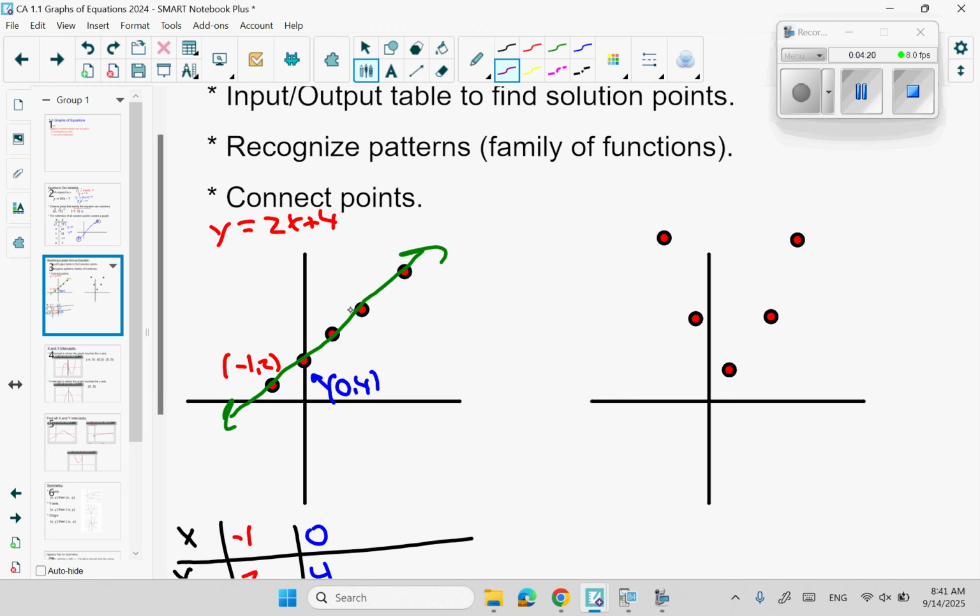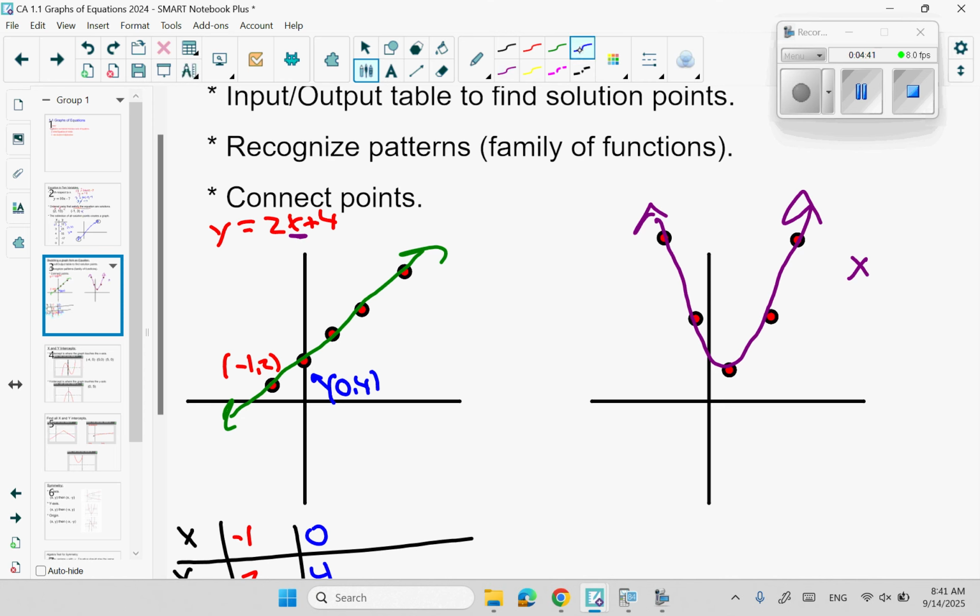Recognize patterns, we can clearly see this is linear in nature, which makes sense from the equation. If I don't have an equation, I have to understand the shape of this. This looks like a U shape, so I would say this would be parabolic in nature or a quadratic. So it has to have some sort of x squared component.